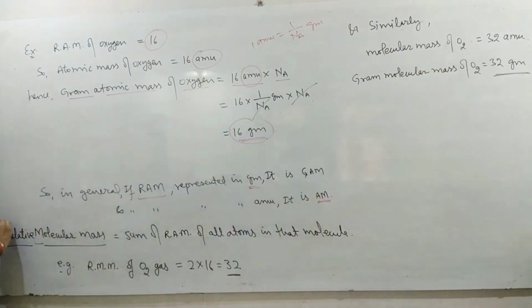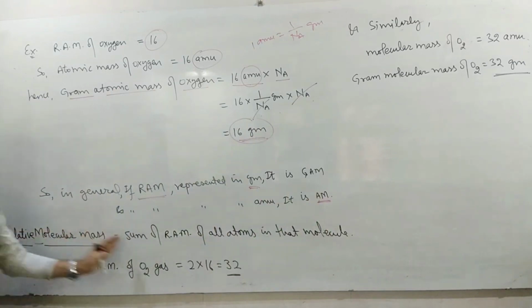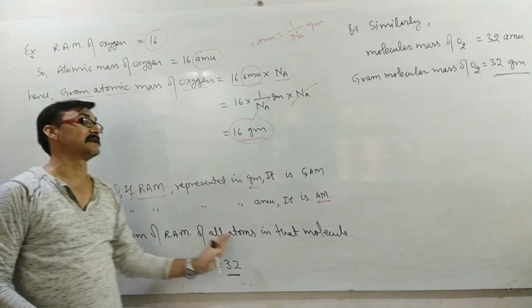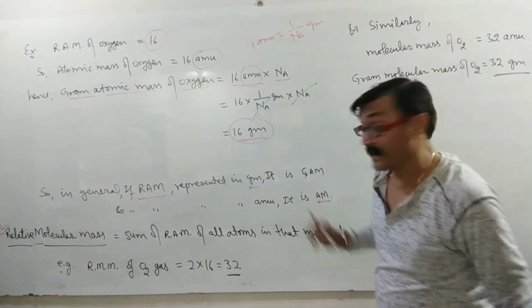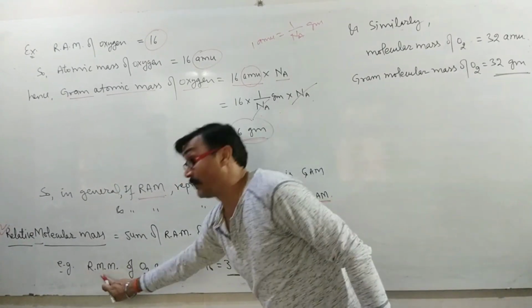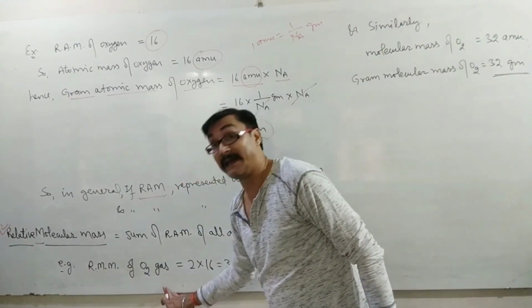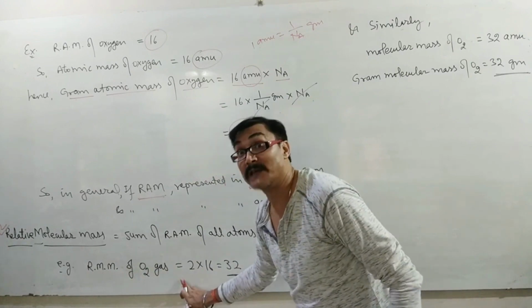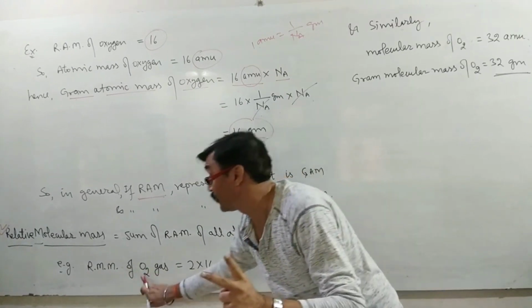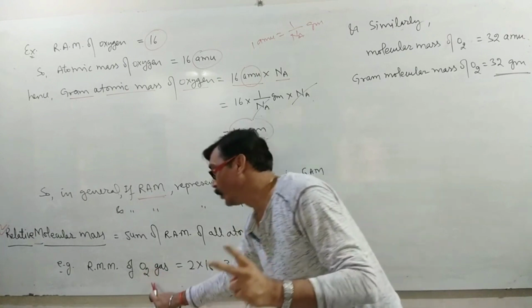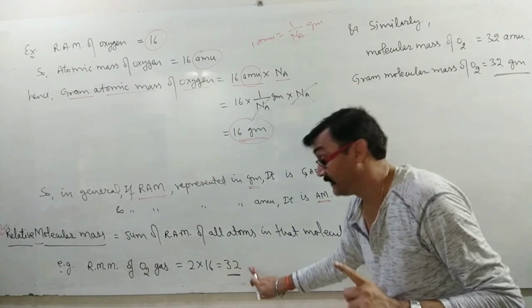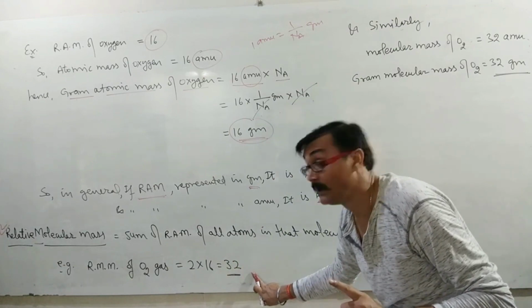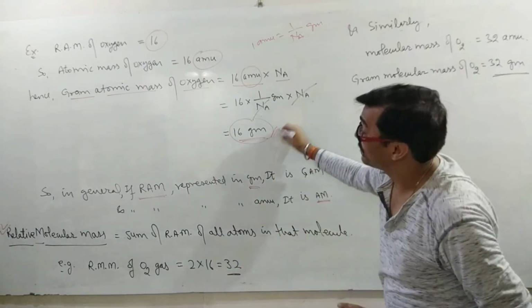Relative molecular mass is the sum of relative atomic masses of all the atoms present in that molecule. For example, relative molecular mass of oxygen gas is equal to the sum of the relative atomic masses of two oxygen atoms, that is 2 into relative atomic mass of one oxygen, which is 32.